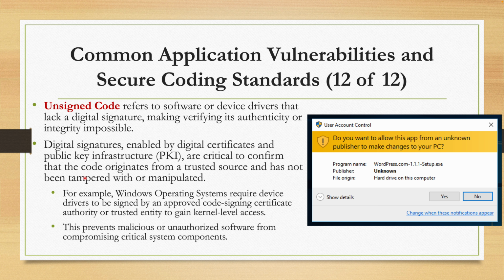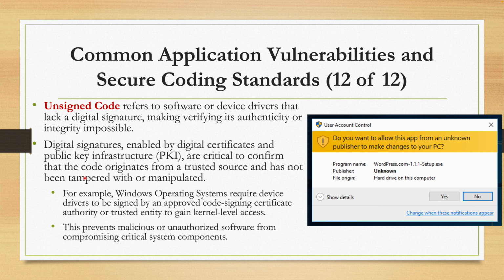So what are the best practices for handling code signing? Enforce code signing requirements. Systems should require signing of applications, libraries, or drivers before installation, especially for kernel or privileged access. Use trusted certificate authorities. This has to be done by developers, by the way.